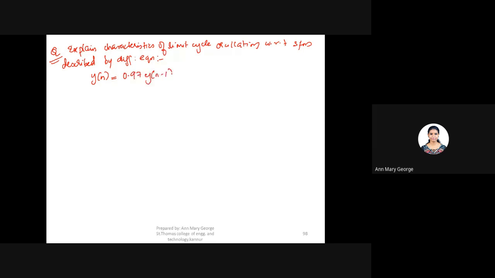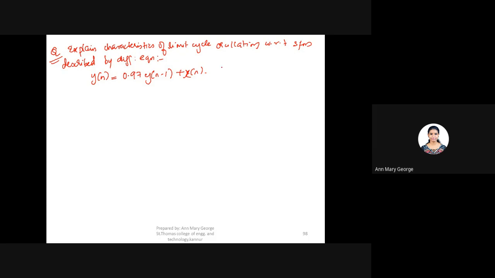Explain the characteristics of a limit cycle oscillation with respect to the system described by the difference equation y of n equals 0.97 y of n minus 1 plus x of n.